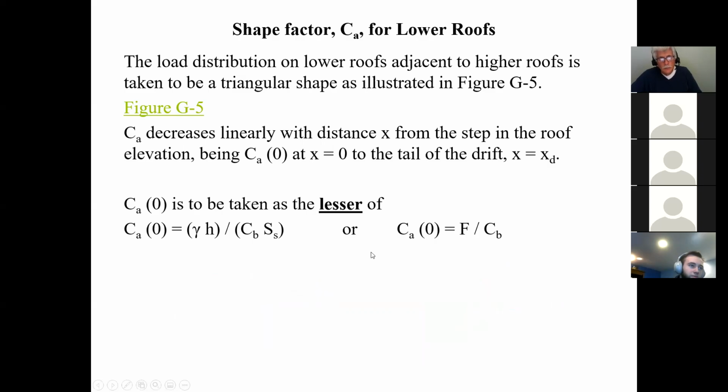Now, the specified unit weight of snow. Guys, 3.0 is an average unit weight. I don't know if you can appreciate this, but 3.0 kilonewtons per cubic meter is heavier than it seems.